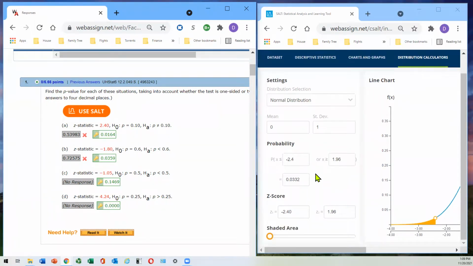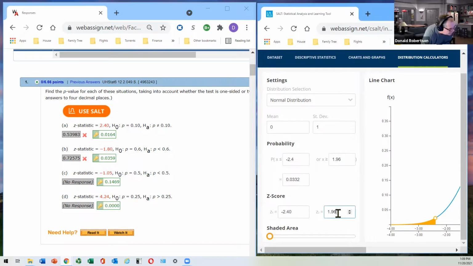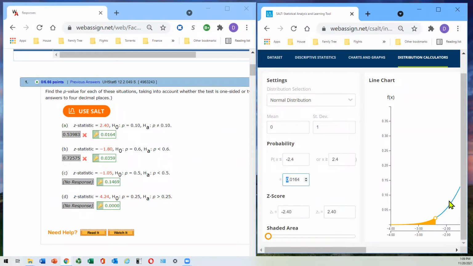Do you put in the 2.4 in that first lower box with the P? You do. So you put it down here and you put it here. Wait, did you put the Z1 there or did the Z1 just appear? I don't know what you mean by Z1.